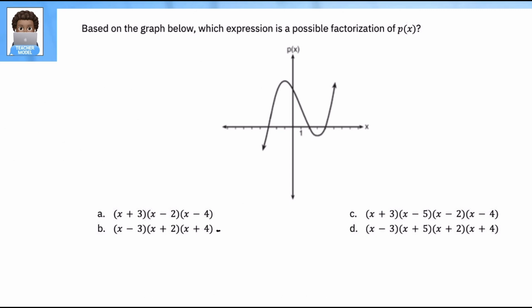So here we go, our polynomial, and we're going to look for which of these possible expressions could create this shape when factorized. So what I'm going to do is use what I see here, and I'm noticing there are three places where x crosses the x-axis.